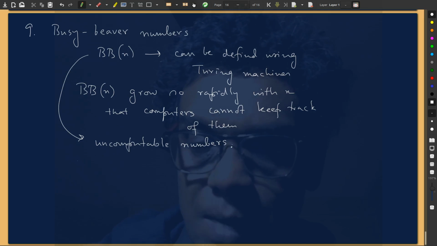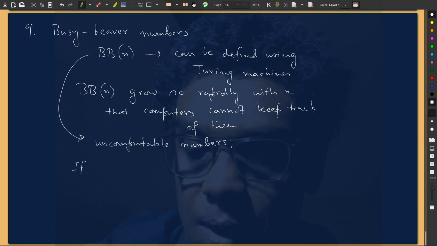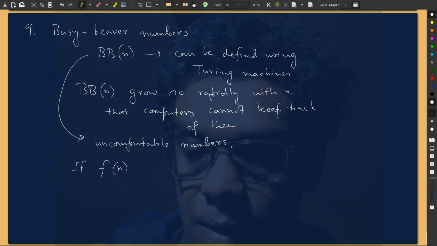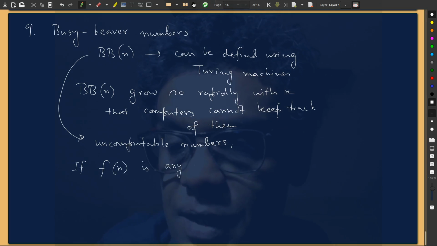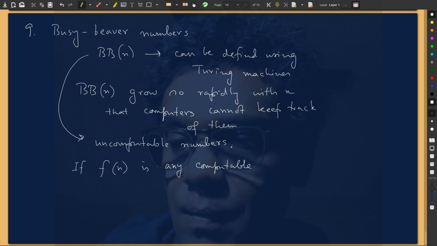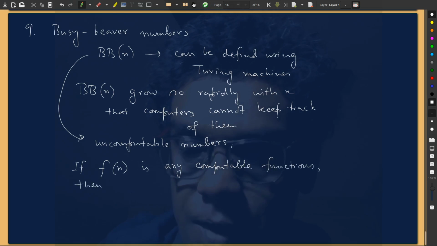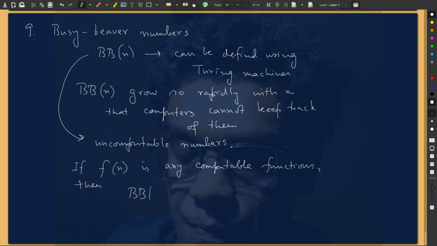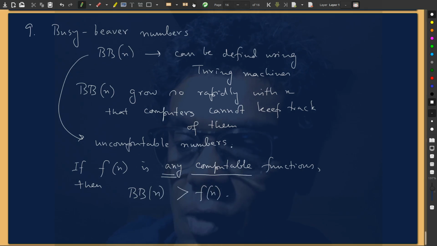In fact, it can be shown that if f(n) is any computable function of positive integers, then the busy beaver function grows faster than f(n), any computable function, and therefore it is not computable.